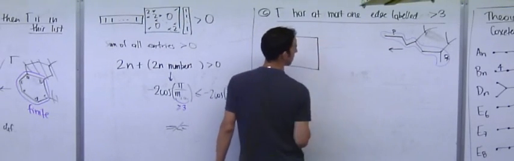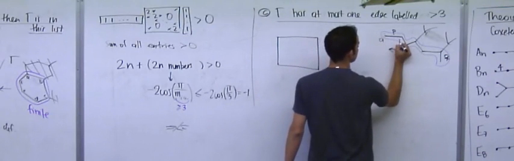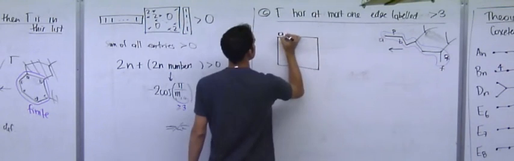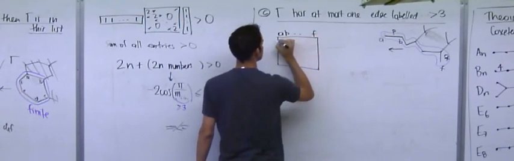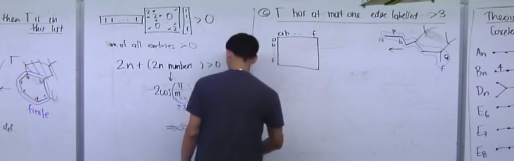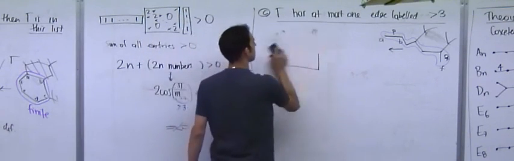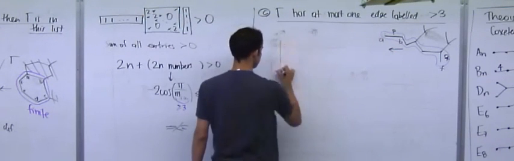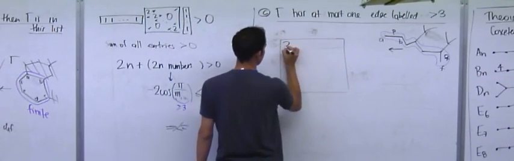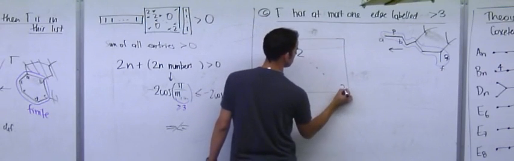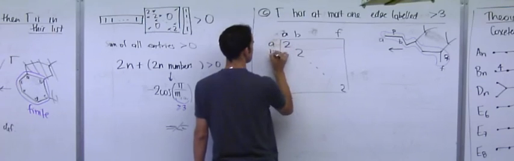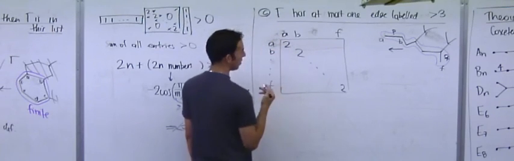And what does that matrix look like? Let me call this A, B, C up to, I don't know, F. So I have, well, I'm going to need a bit more space. I know I have 2's all over the diagonal. I know I'm going to have a whole lot of zeros.